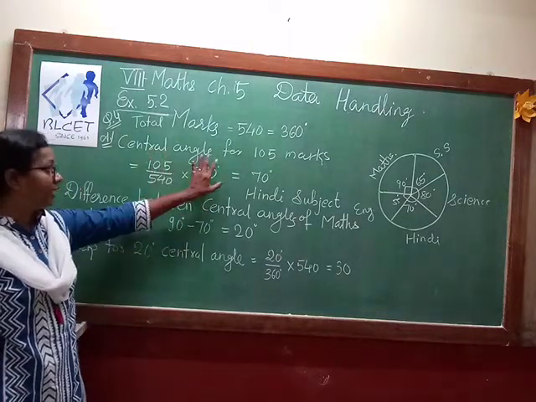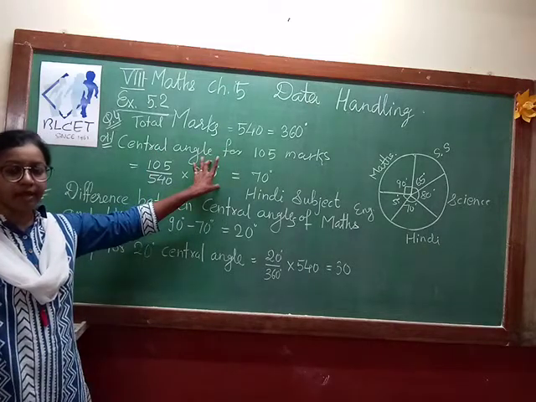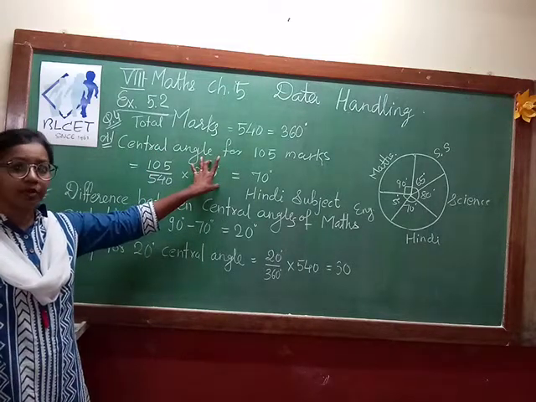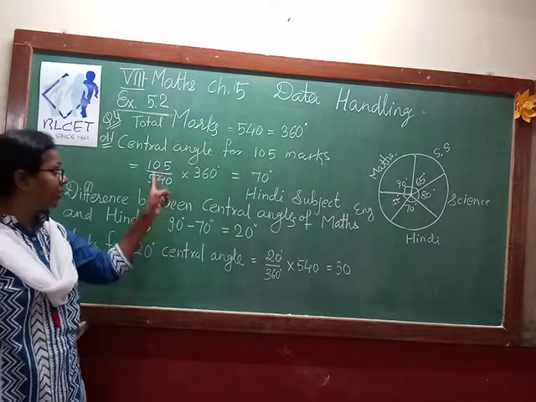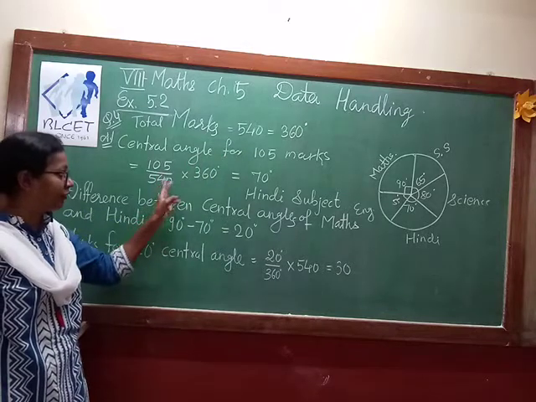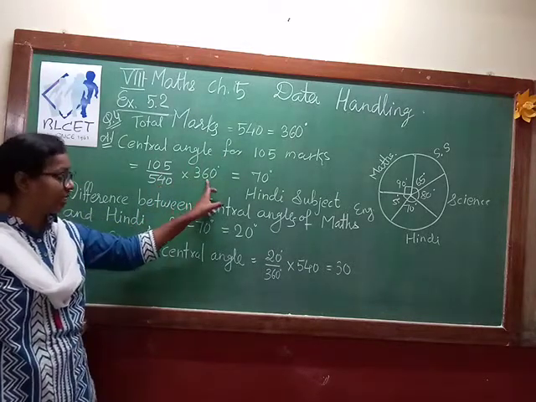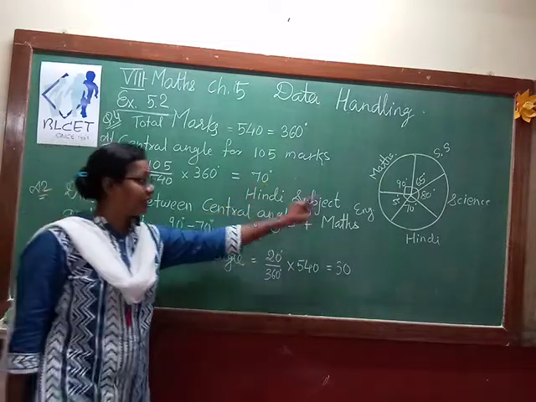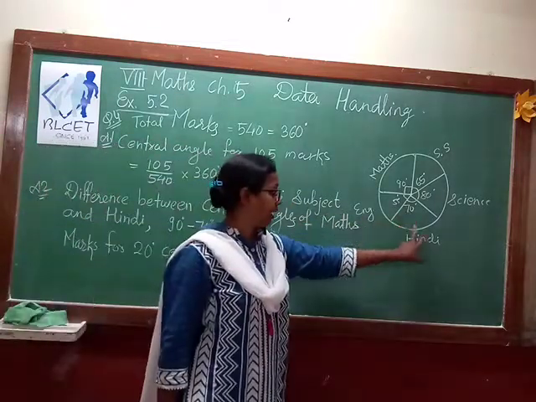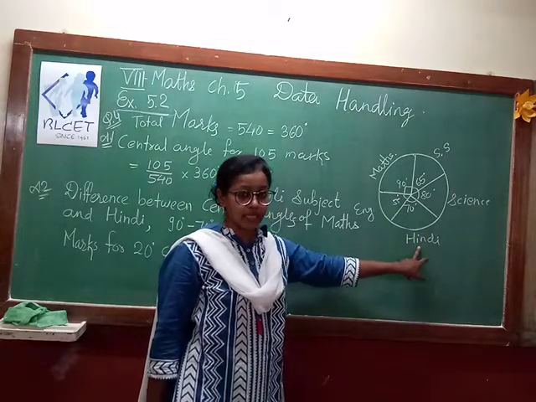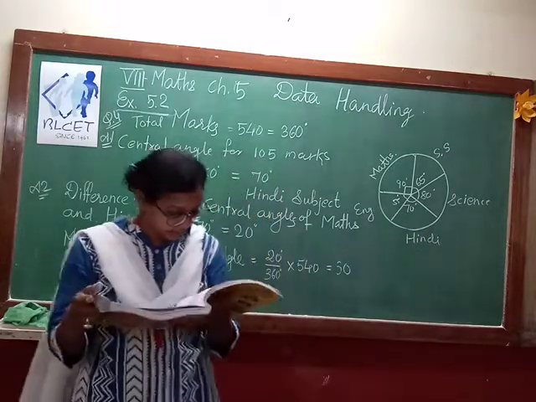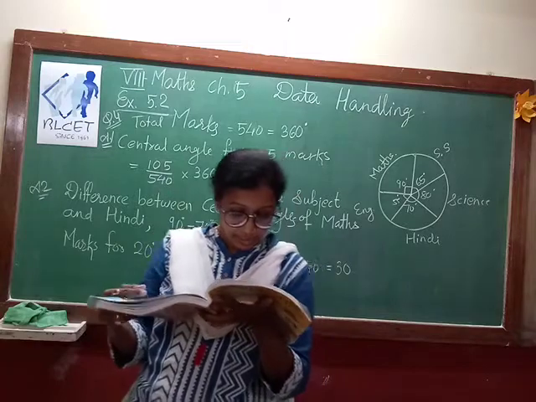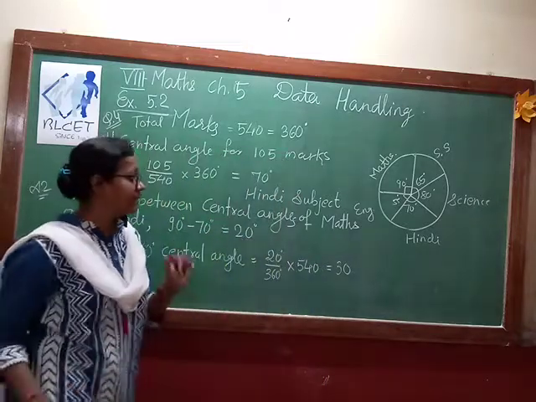So 105 divided by 540, when you multiply it with 360 degree, your answer is 70 degree. 70 degree, where is it? For 70 degree, which subject here? Hindi. So what we can say? In Hindi subject, the students score 105 marks.